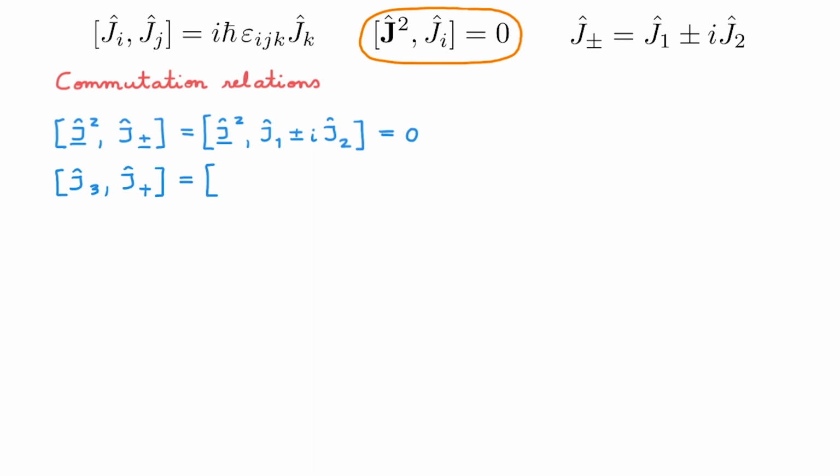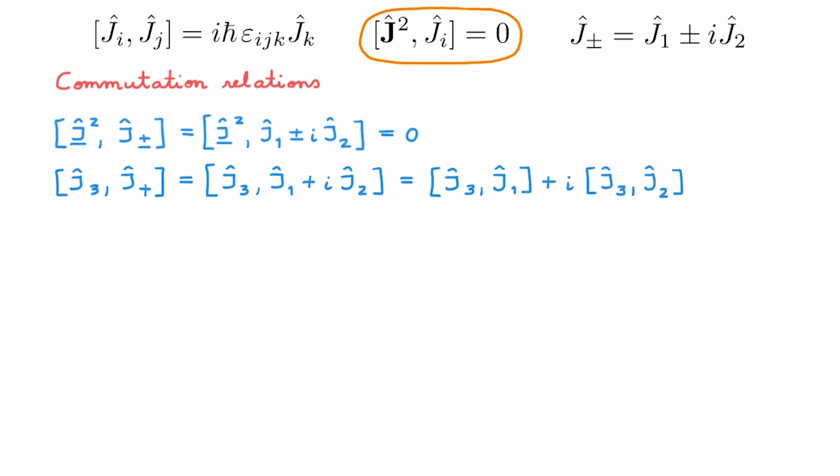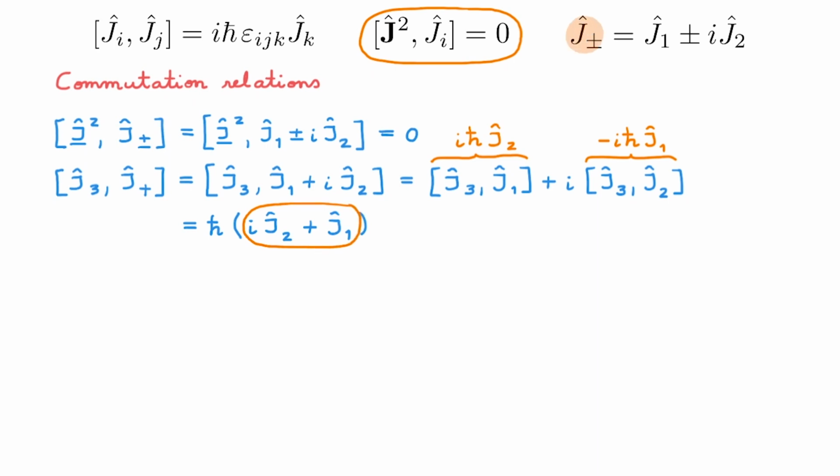So let's again start by expanding J plus, and then we can separate this expression into 2 commutators. This is i h bar J2, and this is minus i h bar J1. So we get h bar multiplying i J2 plus J1. And this term is simply J plus, so we get h bar J plus.